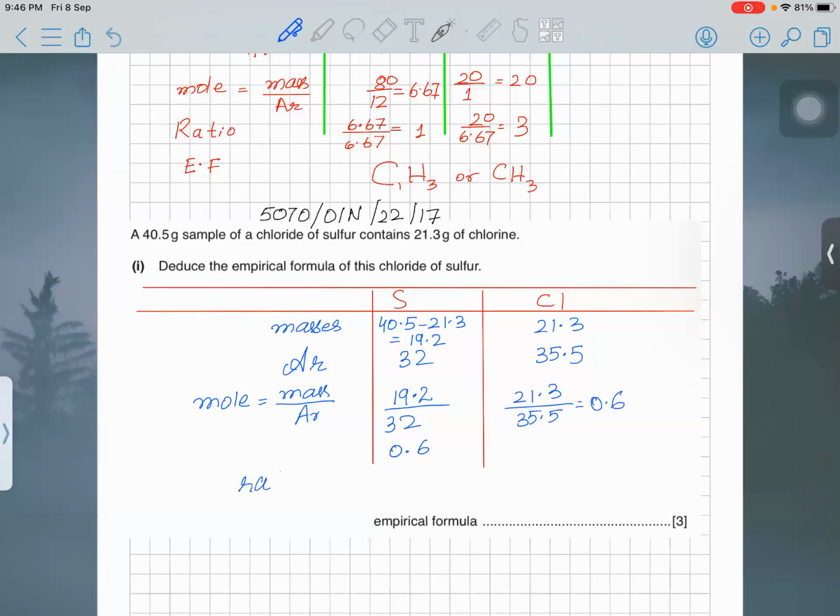So next is ratio. 1:1. 0.6 divided by 0.6 is 1. So SCl, S1Cl1. Now next question.